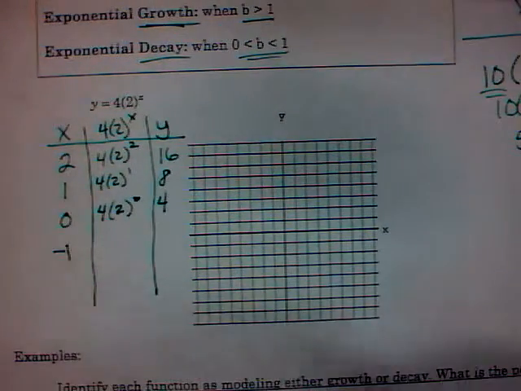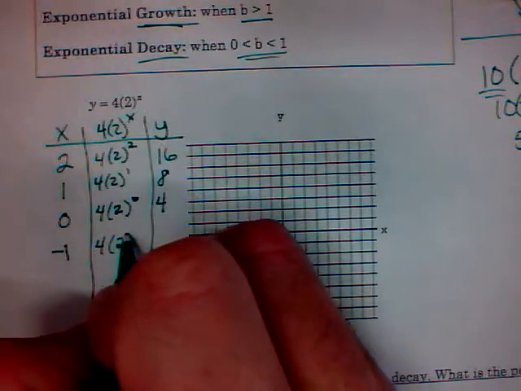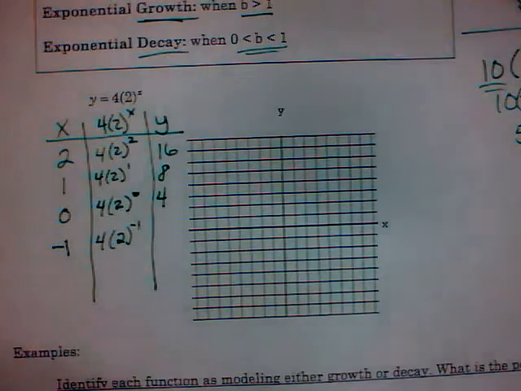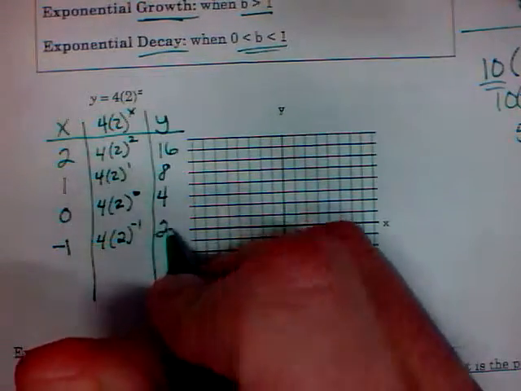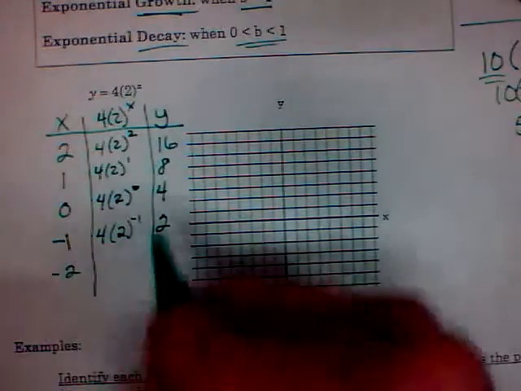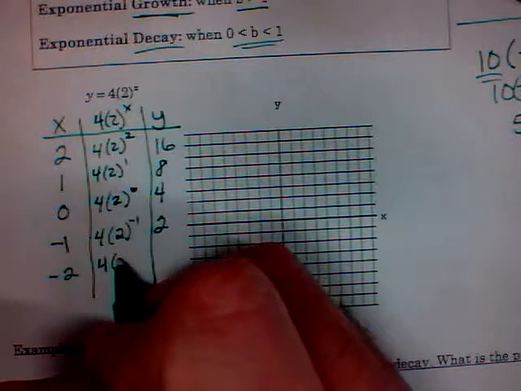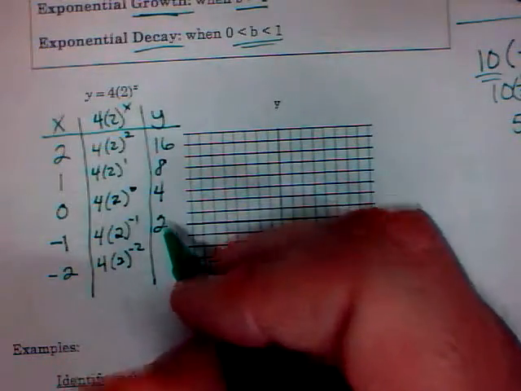If we let x be negative 1, this would be 4 times 2 to the negative 1. Now, 2 to the negative 1 is a half. Half of 4, that would get you 2. And if we went to negative 2, you can kind of see what's happening here with your y values. We go from 16 to 8 to 4 to 2.